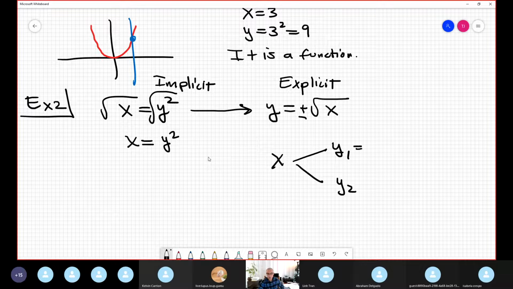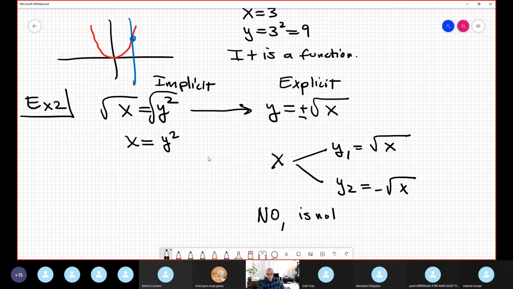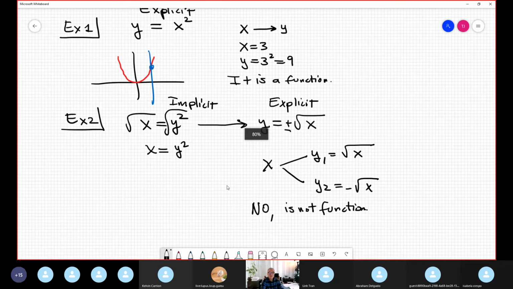The positive one, square root of x. Who is y2? Negative square root of x. So one to many is not a function. Okay, maybe there are more complicated examples, but it's not important. This is not the big deal. Do you understand this or not? It's easy, eh?